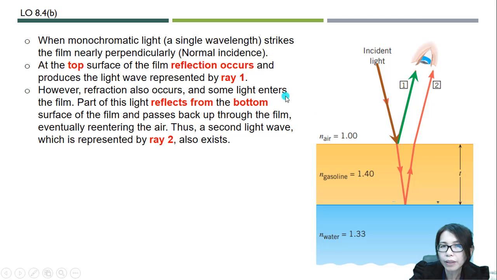Some of the light will enter the thin film, and part of this light is reflected from the bottom surface of the film and passes back up through the film, eventually re-entering the air. So we have a second light wave, represented by ray 2. So we have two reflected rays.